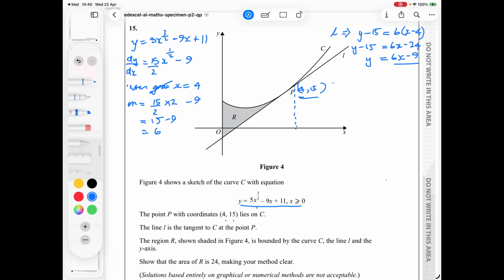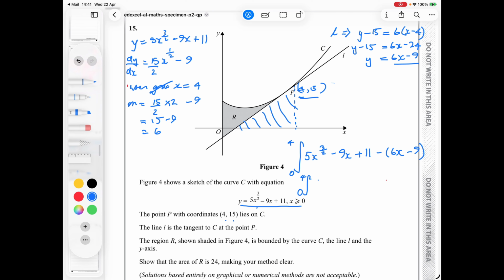And I think we can do it by integrating between 4 and 0, 5x to the 3 over 2 minus 9x plus 11, and then we're going to take away 6x minus 9. So that gives us 4 to 0, because that means we take away this bit here, and that's what's under that.